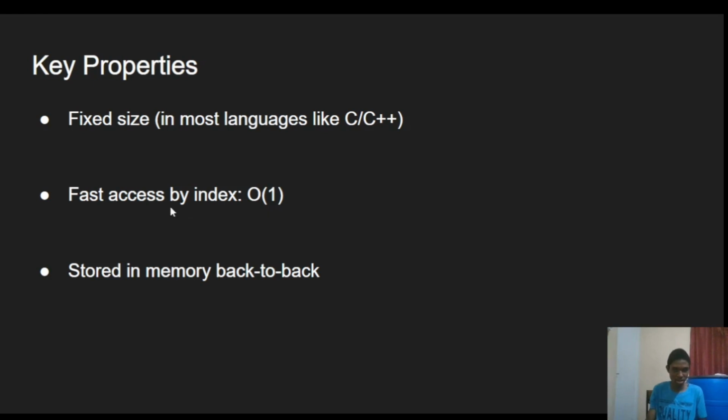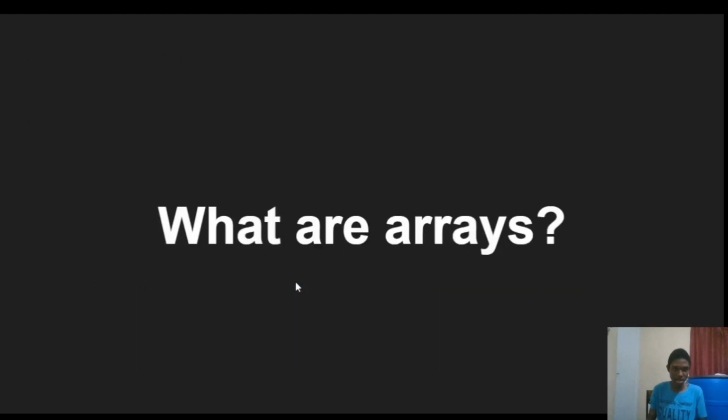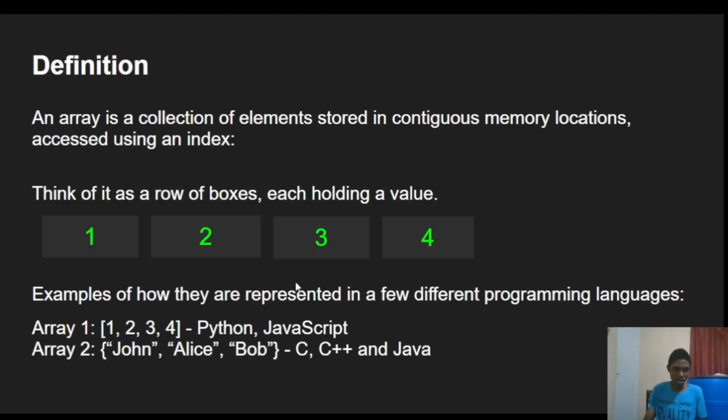So accessing an item at a particular index is O of 1 time, or constant time. It's stored in memory back to back. So if you guys look right here, where we have our definition, we have 1, 2, 3, 4, and each item follows one another. See, 1, 2, 3, 4.